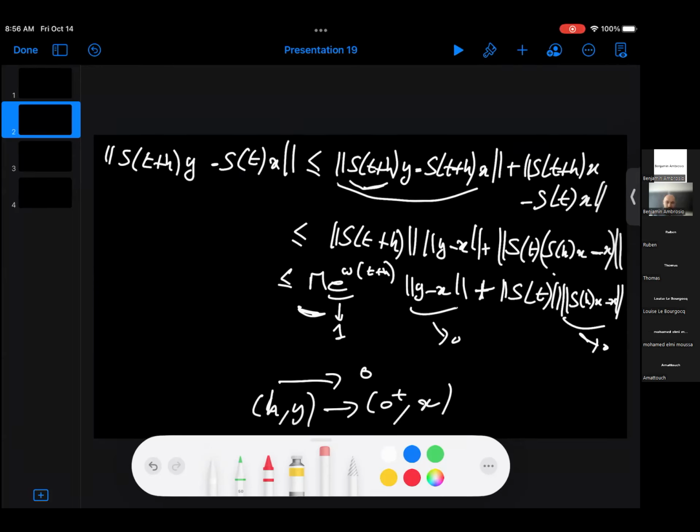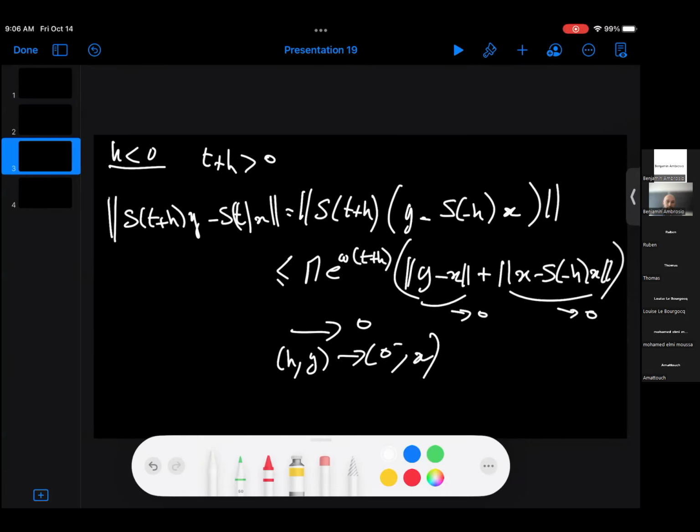Here a bracket was missing, so thank you to the students. Brackets were missing here. All right. For the negative case, you are just going to, for example, put this quantity in front.